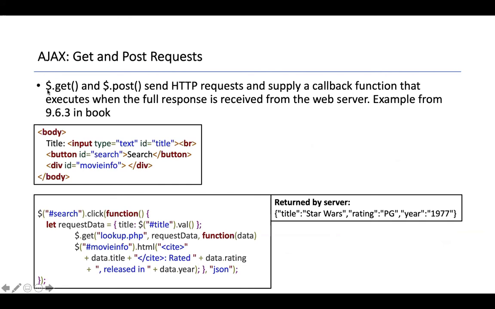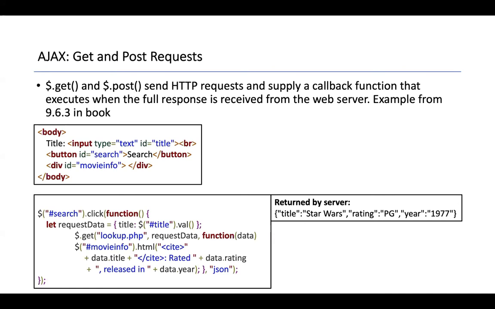Basically, jQuery got rid of the need to create an XML HTTP request object. It basically bundled everything into either a GET or a POST. And I know there's also an AJAX command. You don't need it for this course. GET and POST will work just fine.